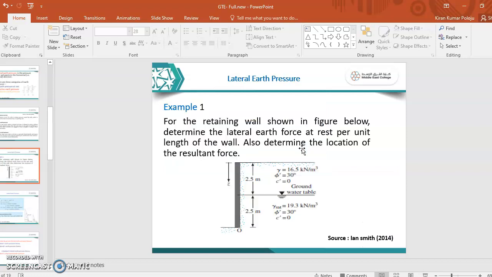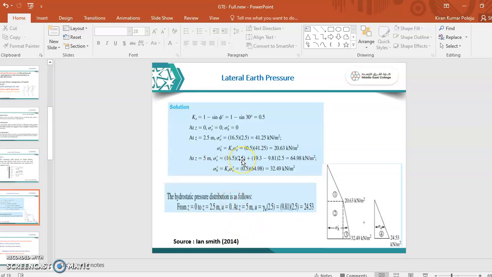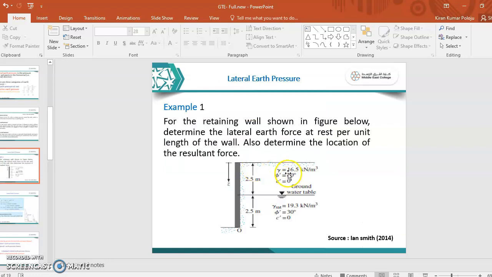Similarly, if z is equal to 5 meters, then 16.5 multiplied by 2.5 plus 19.3, which is saturated, so we have to deduct the unit weight of water, 9.81. So 19.3 minus 9.81 multiplied by 2.5.